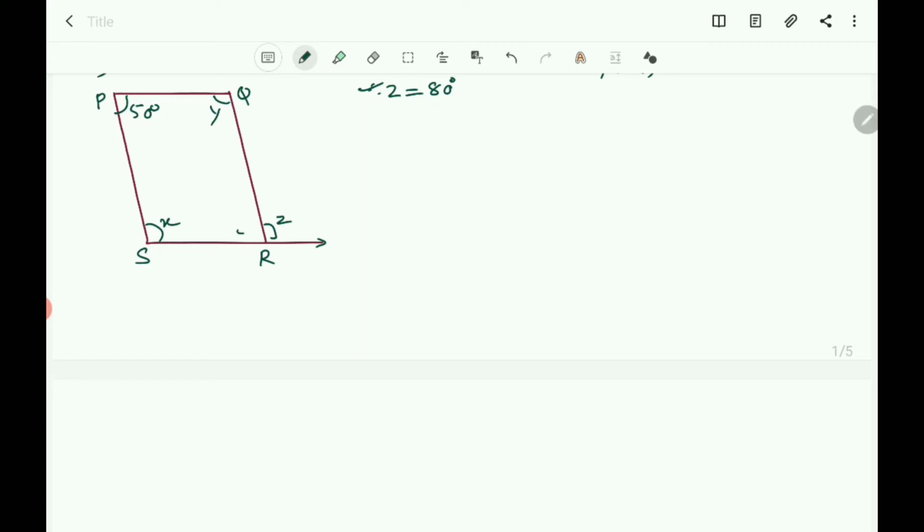Now, what is the measurement of the angle QRS? You know that it is equal to 50 degrees, because opposite angles of a parallelogram are equal. Note down what is given first. In the parallelogram, which angle is given?